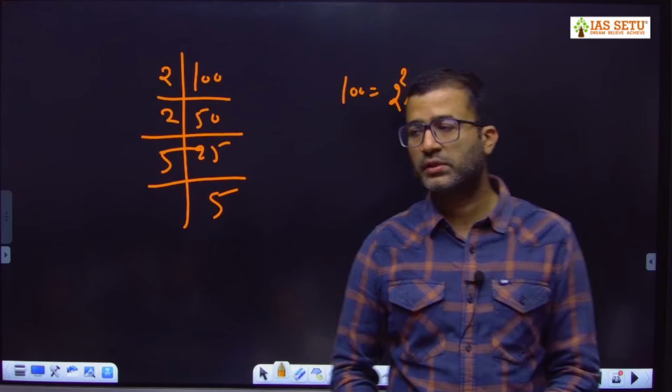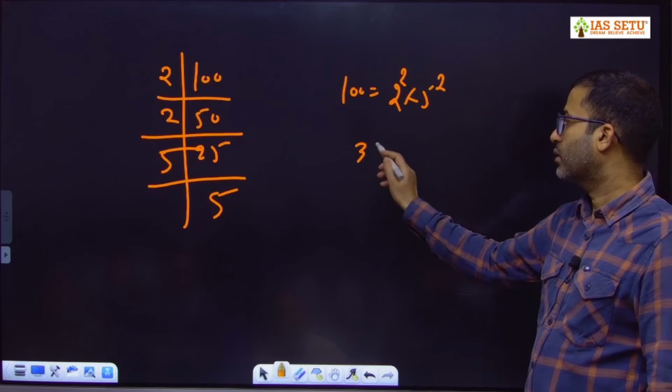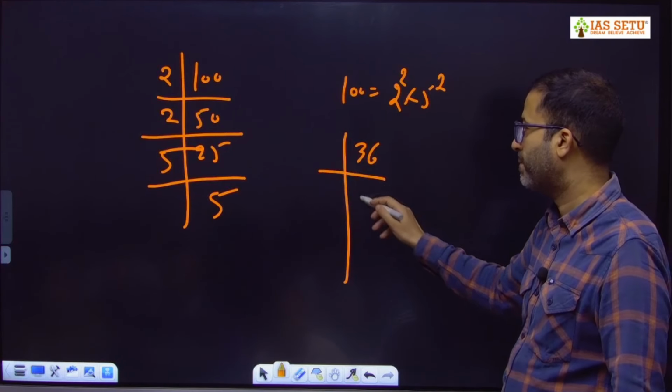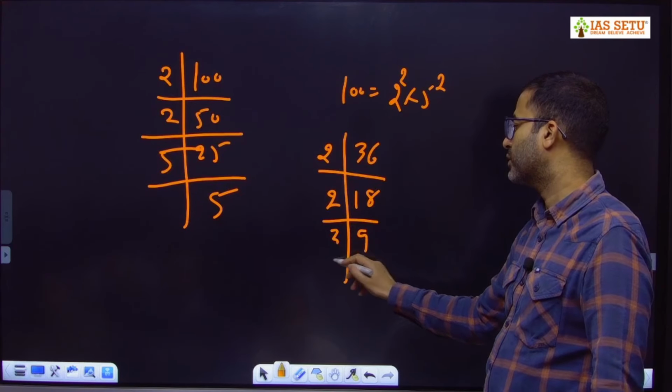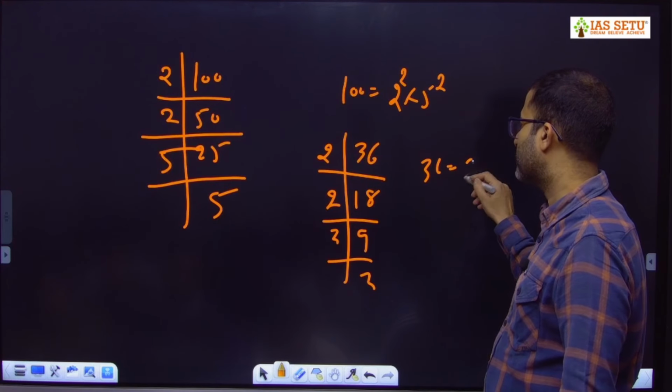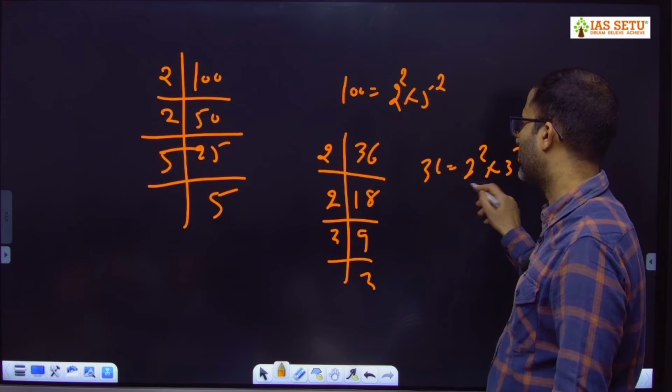Check 36. Convert 36 in prime form. 2 common 18, 2 common 9, 3 common 3. So 36 is 2 to the power 2 into 3 to the power 2.